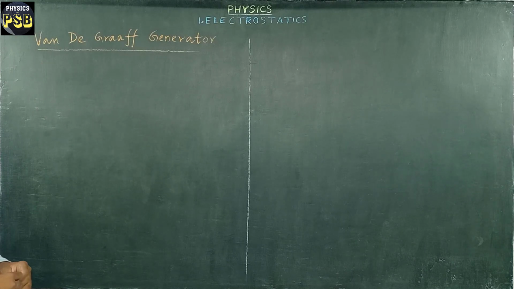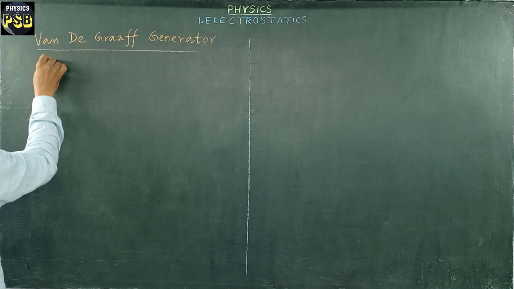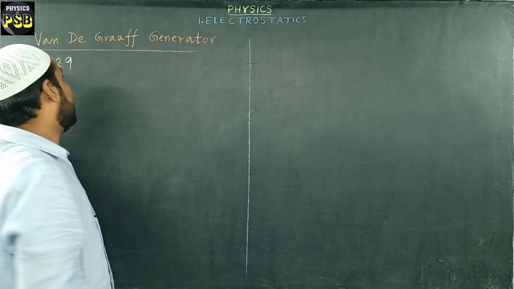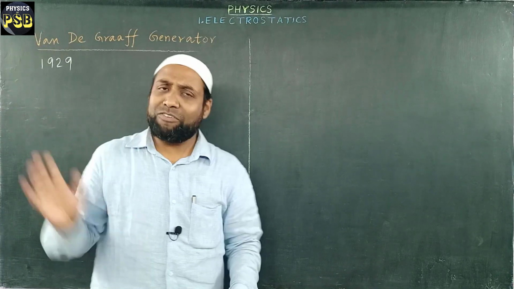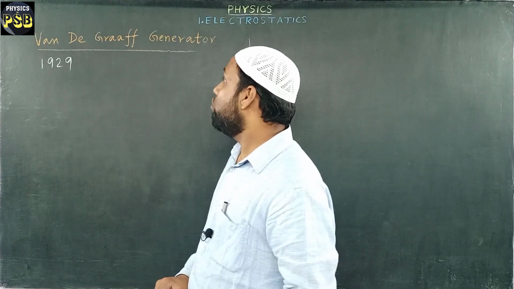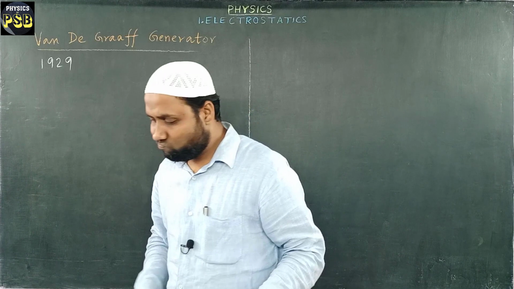The Van de Graaff Generator was designed in the year 1929 by Robert Van de Graaff. So the device is named after him as the Van de Graaff Generator.